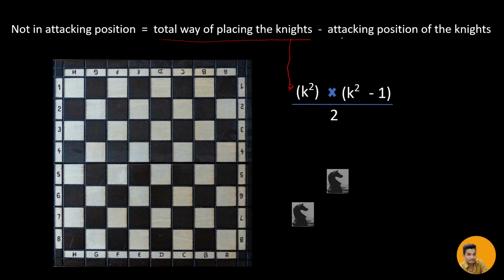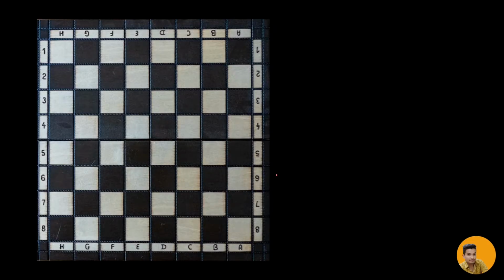Now we need to calculate the attacking positions of the knight. To see that, let's see how a knight attacks. If a knight is kept here, it always takes 2.5 steps, forming an L, and the other knight can't be placed there. Even though it is attacking, it is forming an L shape, 1, 2 and a half step.